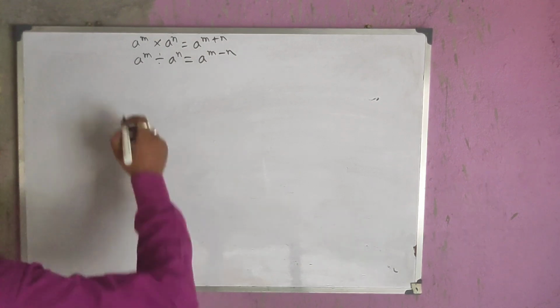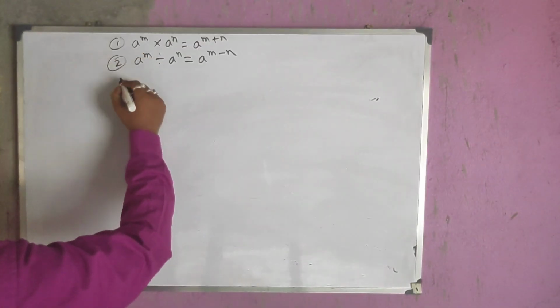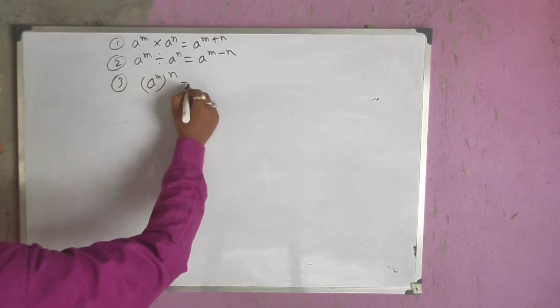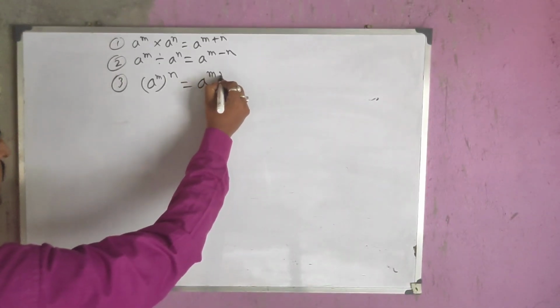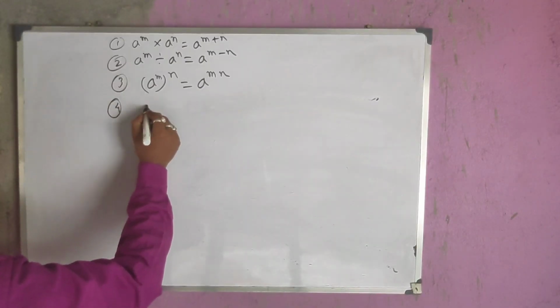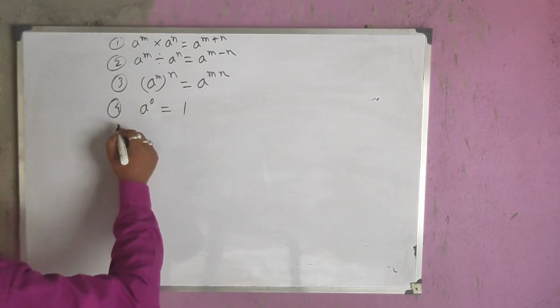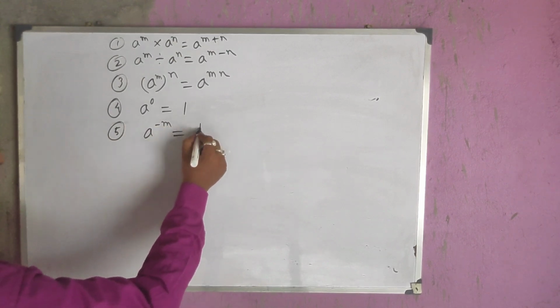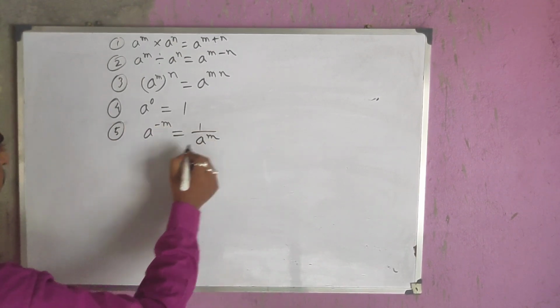Here also, if the bases are equal, then only we can apply that method. Number 3, a to the power m whole to the power n gives a to the power mn. Number 4, a to the power 0 is 1. Number 5, a to the power minus m is 1 by a to the power m.